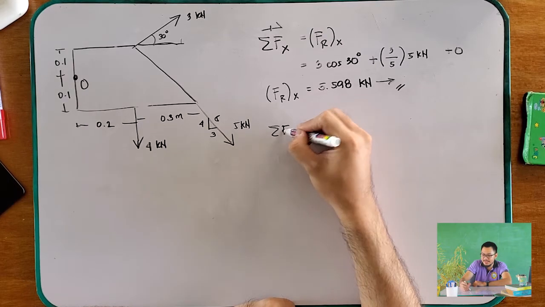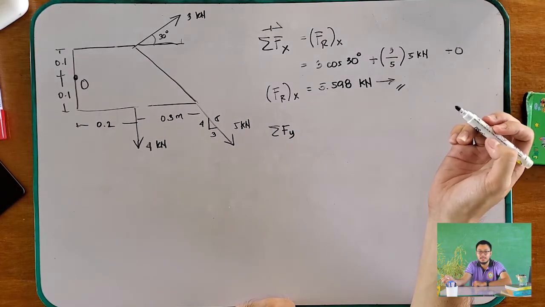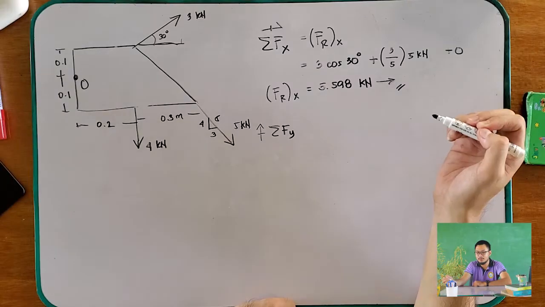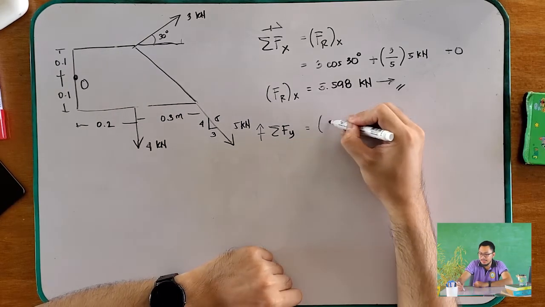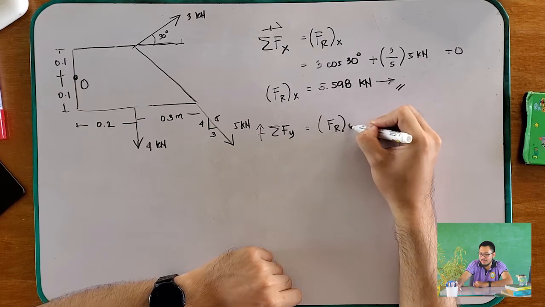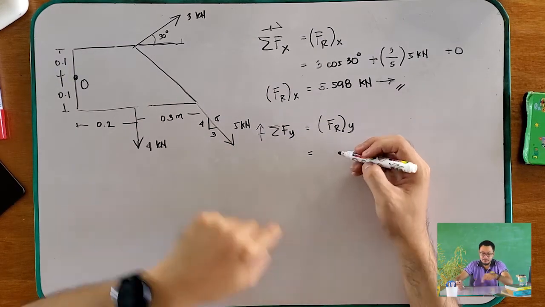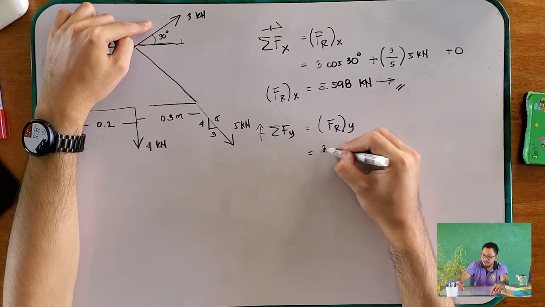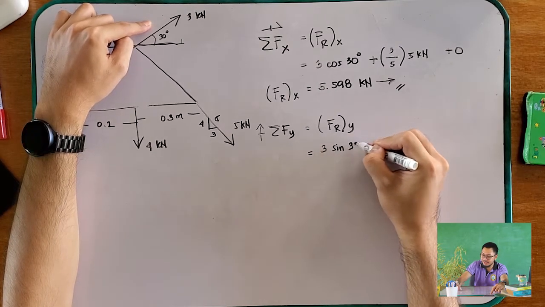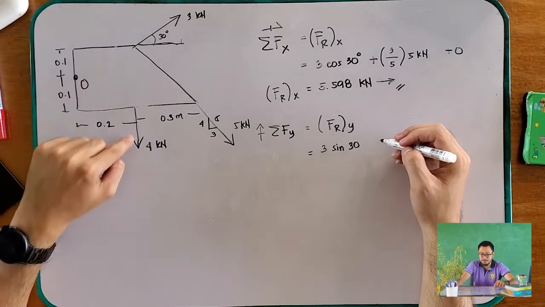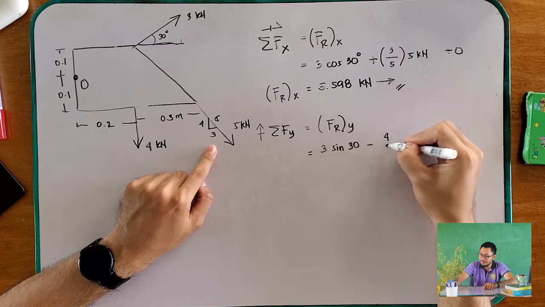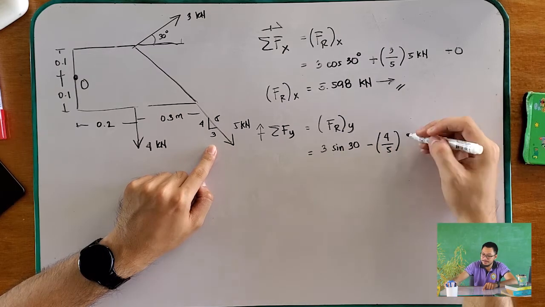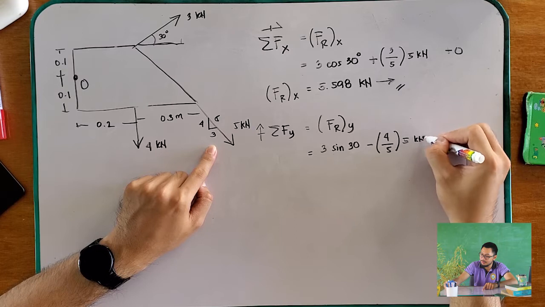Summation of forces along the y. And karon, mag-assume ta nga ang positive direction is going up. Equals to the resultant force along the y. So, una ta diri, 3 sine 30 degrees. Sunod, minus, kay paubos ang iyang component, 4/5 times 5 kilonewtons.